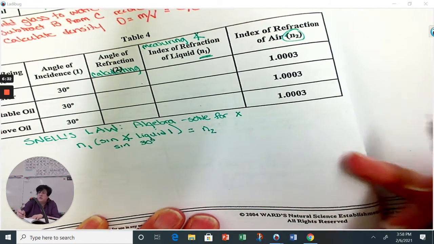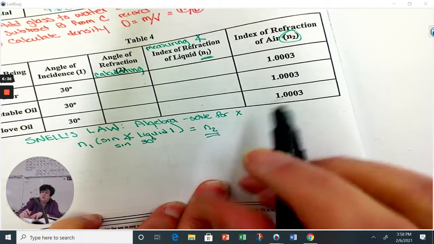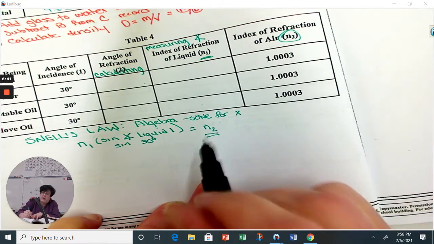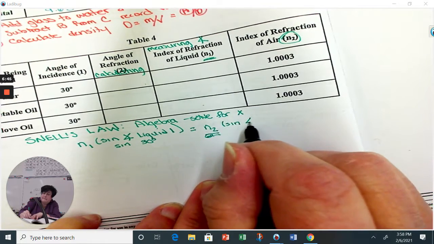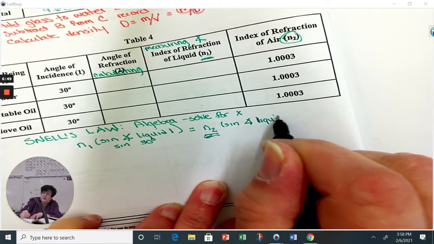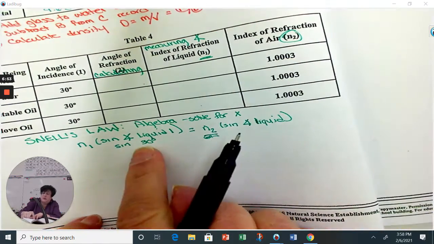It never ever changes, so we're going to convert that to a number. This will change, sorry, the angle will change. And we just plug it into our calculator, and then we multiply by this and divide by that.